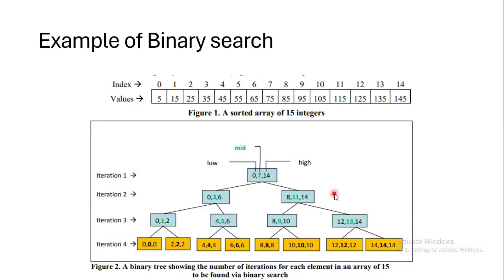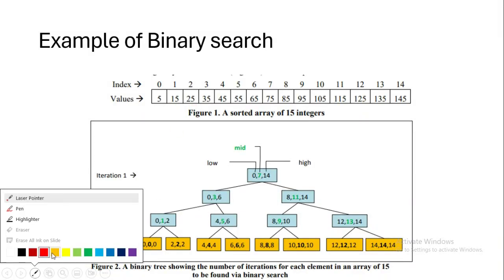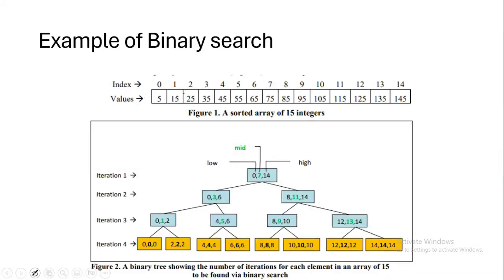Now here is an example of how binary search works. This is the input array of size 15, so in total it contains 15 elements. Suppose we want to search for the element 105. It will start with the lower bound as 0 and the upper bound as 14, so this entire array acts as the search space for the first call.